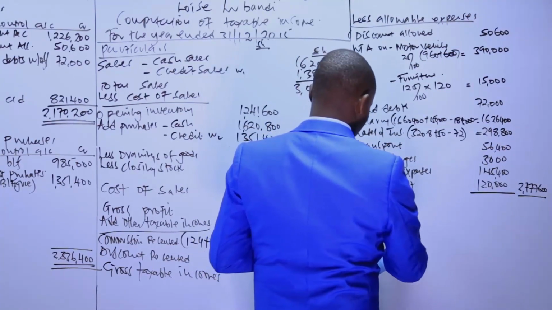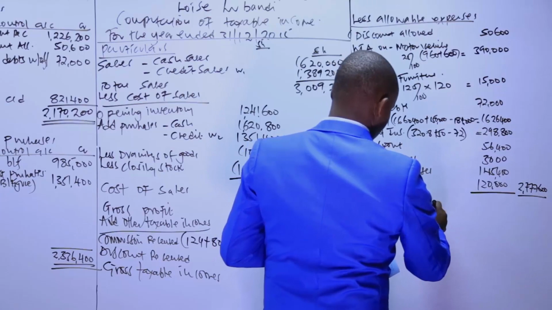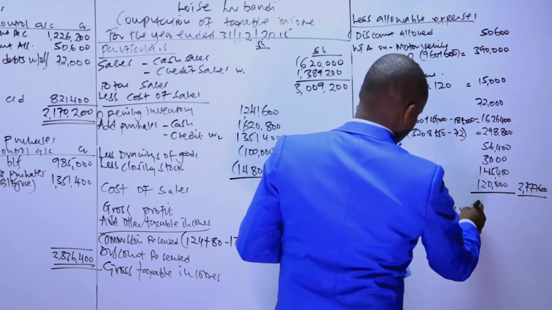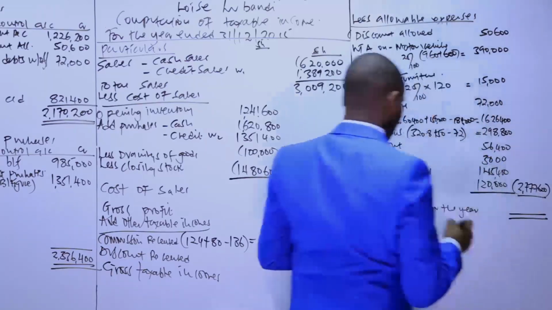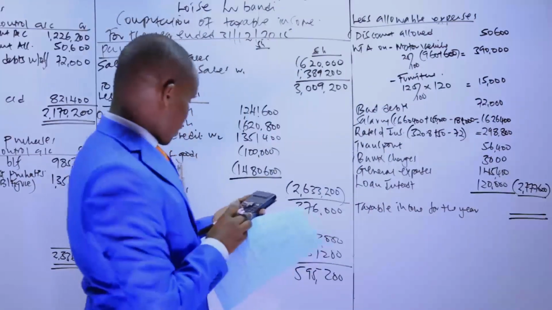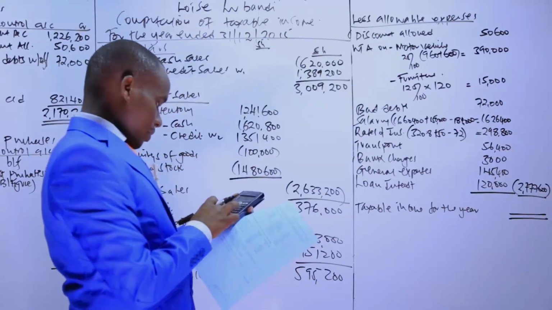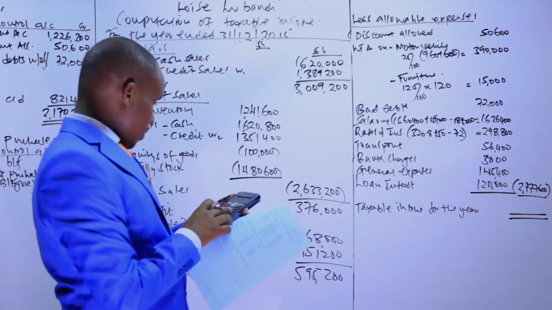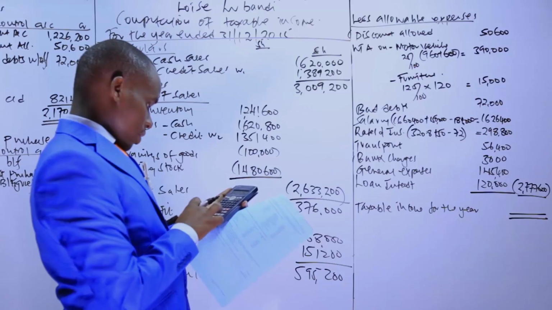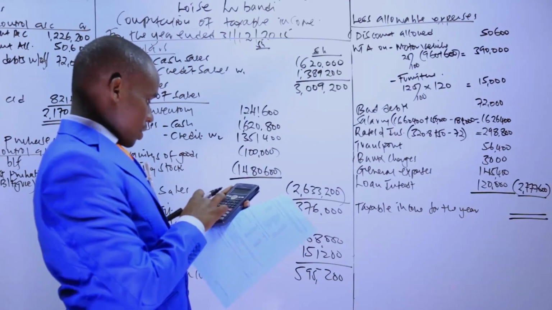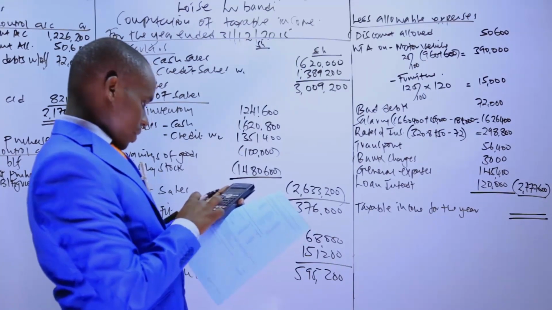So you get taxable income. Taxable income for the year will be equal to now 595,200 minus 2,777,600.